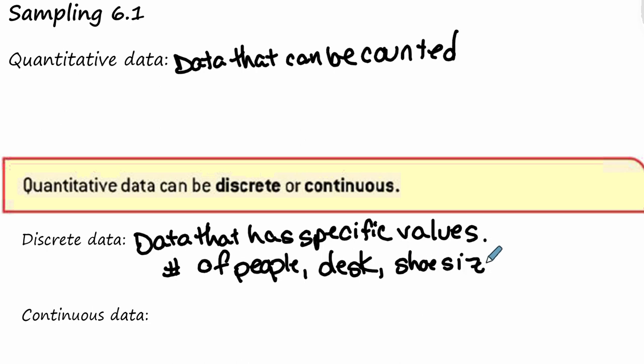For instance, I wear a size 9.5 shoe. There's a 9.5, there's a 10, there's a 10.5, there's a 6. It has discrete data values.